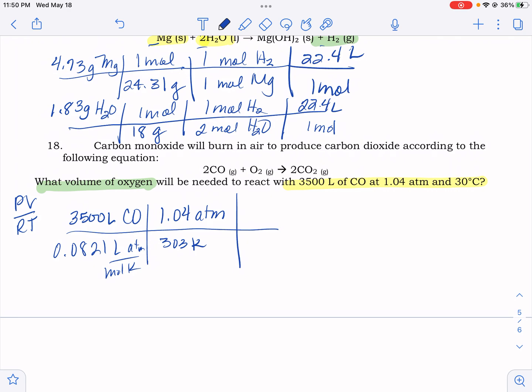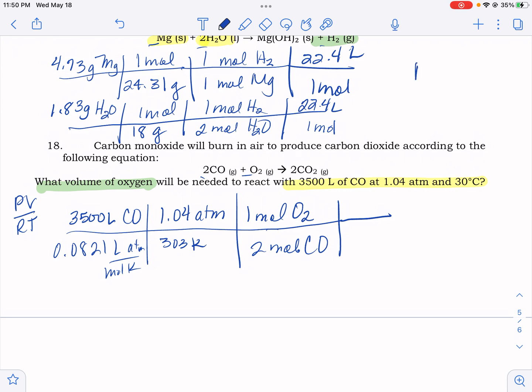Okay, we're in moles of carbon monoxide. We need to figure out oxygen. Our ratio is going to be 1 to 2. 1 mole of oxygen gas for 2 moles of carbon monoxide. Now we're in moles of oxygen. I need to go back to volume.